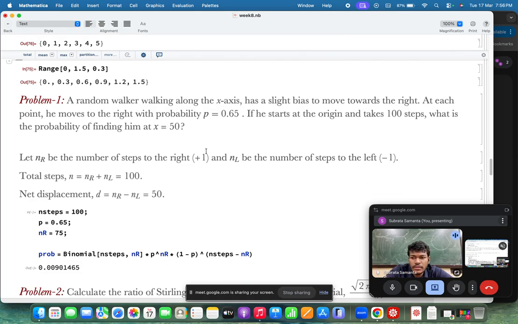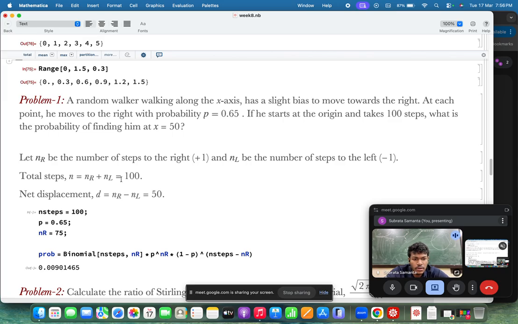So, let us calculate this. Here I introduce two parameters. One is NR, the number of steps to the right, moving +1, and NL is the number of steps to the left, -1. The total number of steps is 100, that is NR plus NL.